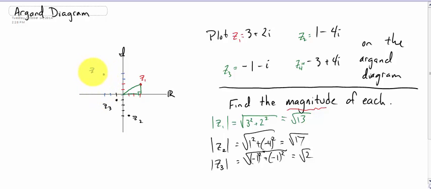Our Z4 would be here, and our magnitude of Z4 is going to be the square root of negative 3 squared plus 4 squared equals the square root of 25, better known as 5. So Z4 is exactly 5 units away from 0 on this complex plane, on our Argand diagram it's called.